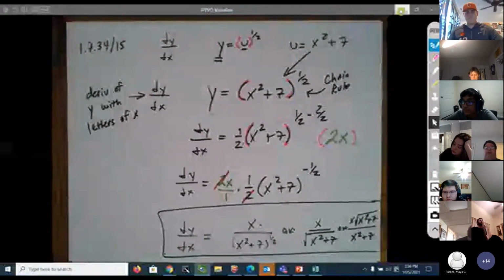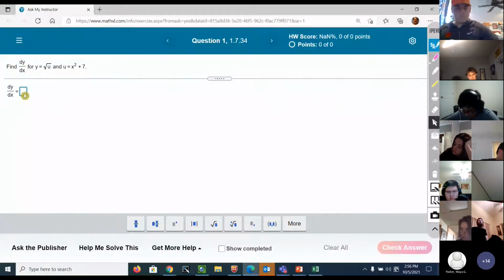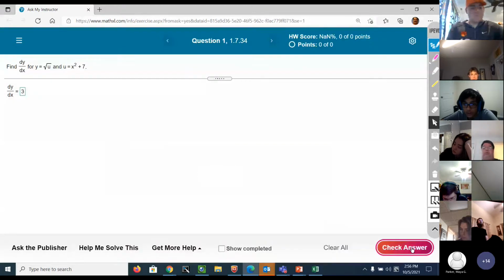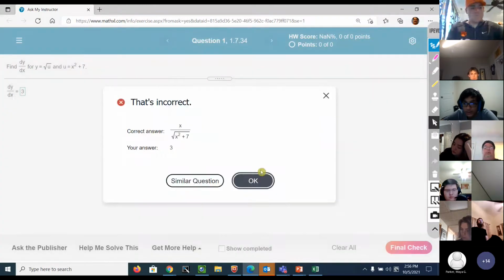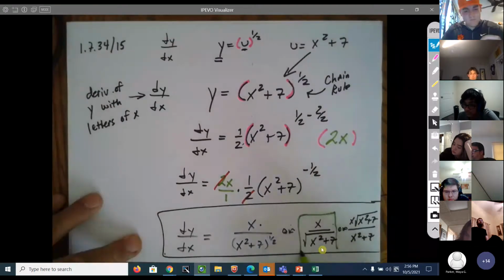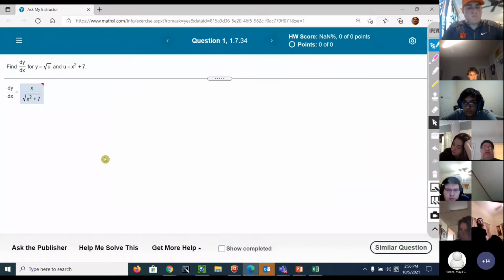I wouldn't give you too many of them because, let me see if I'm right. I should be right. I don't know some of the questions these homework questions are asking. I'm just going to say 3. x over the square root of x squared plus 7. So this is the one they're using. I like when they pick good questions. I don't like when they pick stupid questions.